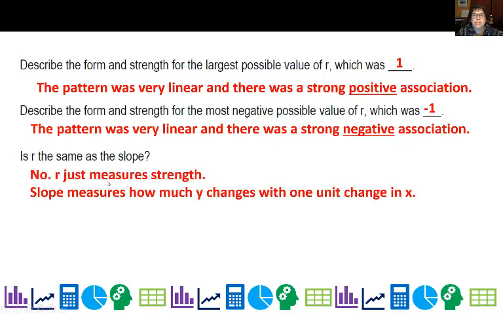No. The correlation just measures the strength of fit and kind of the direction. Slope measures how much Y changes with 1 unit change in X. And I will actually be in the next lesson talking about how to interpret that. But it pretty much comes down to this sentence, which is how much whatever your response variable changes with every change in our explanatory variable.